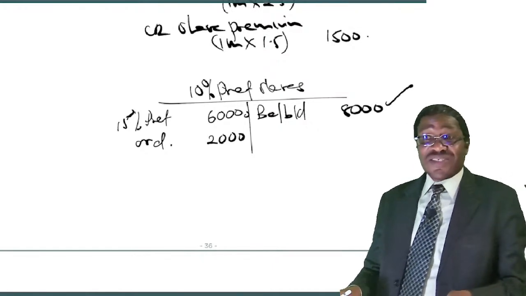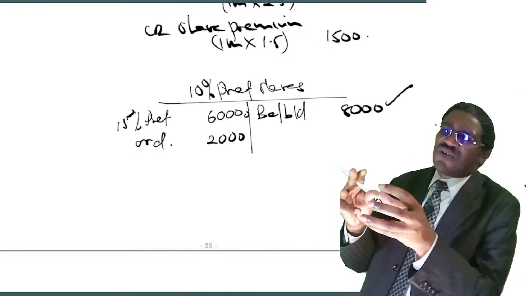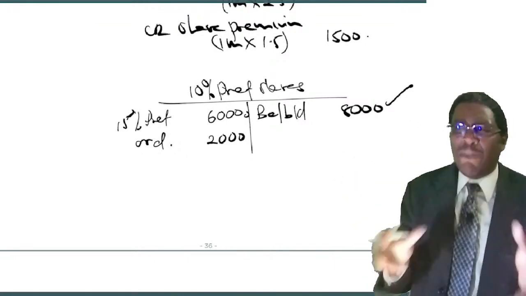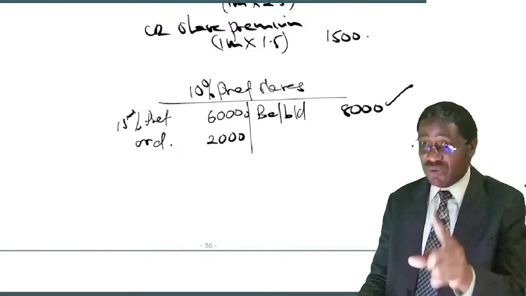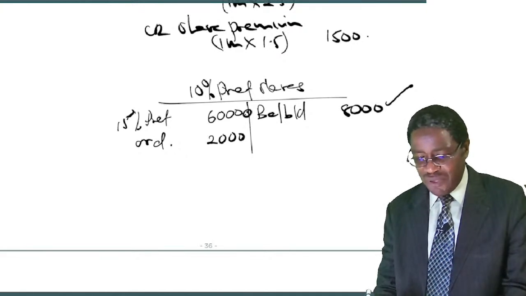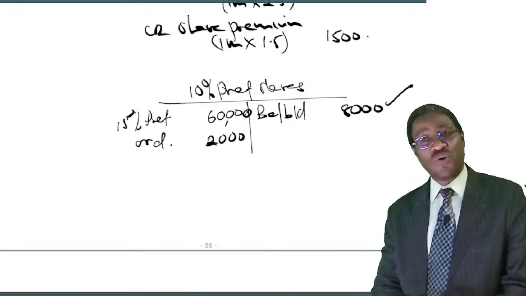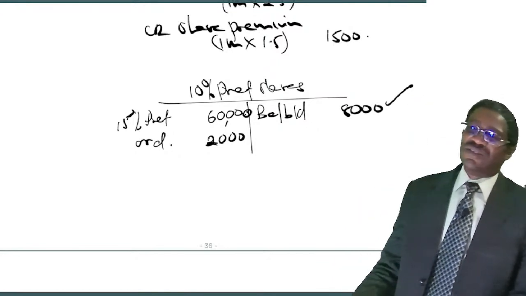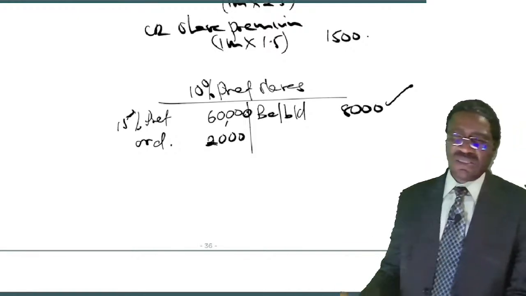In other words, he was in a rush. It cannot be that the capital you are cancelling is 8 and you replace it with a much bigger amount. No problem, I'm not saying it's not doable. It is doable. If you go by the 60, you debit share capital preference by 60, you debit again by another 2 million ordinary, and of course the balance. You are cancelling 60 and replacing it with 62.